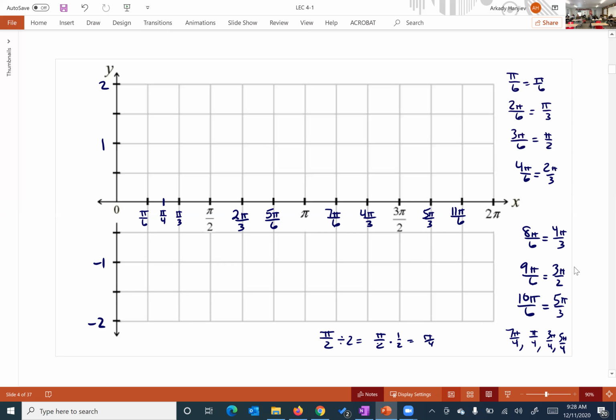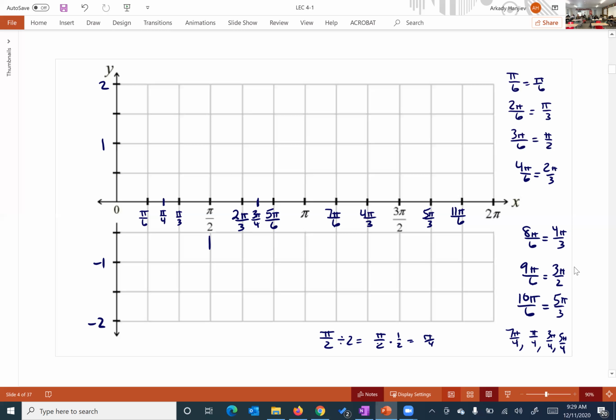Okay, so again, we're building our little graph. After this it will become easier. Promise you, do the homework and all the good stuff here, and you'll say, oh yeah, that's so easy now. Okay, between pi over 2 and pi, we're going to get this little guy right here, the halfway point. Notice the 2 pi over 3 and the 5 pi over 6 are actually kind of close to this one. This is going to be 3 pi over 4.